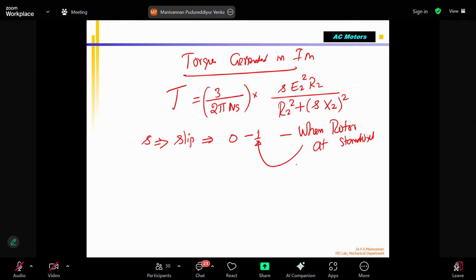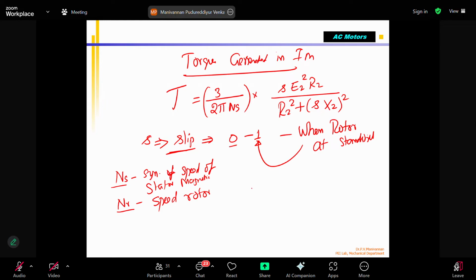Because I told you we have two speeds. One is called the synchronous speed, the synchronous speed of the stator magnetic field. The other is the rotor speed. The speed of the rotor is always lesser than the synchronous speed. That depends upon the slip value. When slip is 1, the difference is maximum.